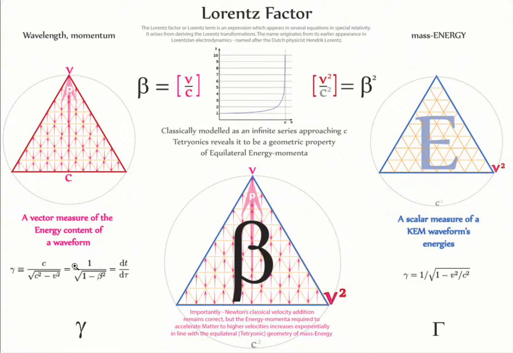The current formulation of these has the speed of energy, the natural speed of energy or speed of light, as an upper limit. There is, in fact, when you look at the geometry here, no such upper limit.